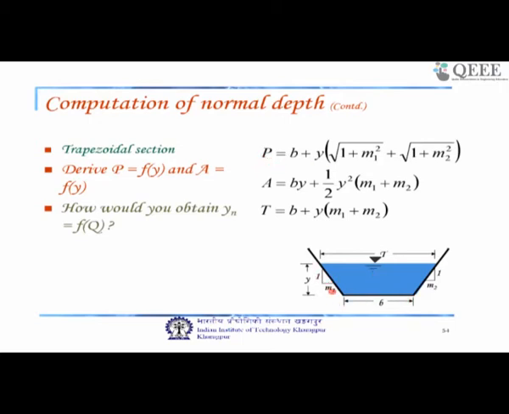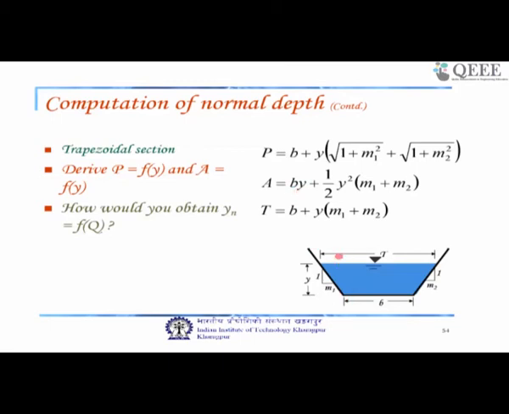If 1 to m1 is the slope of the left side, then this will be the side weighted length, and on this side the weighted length will be y into root over 1 plus m2 square. So, finally, what will be the area? Area is b y.